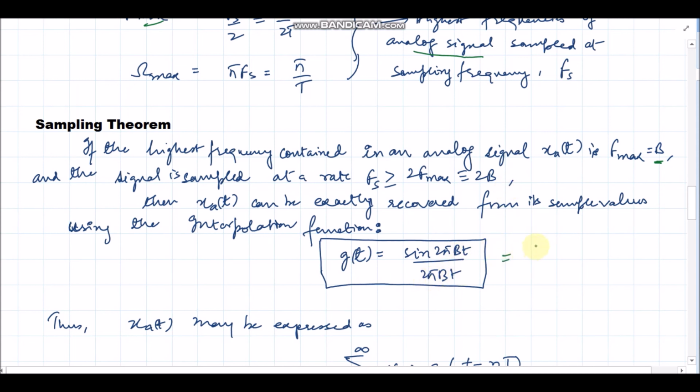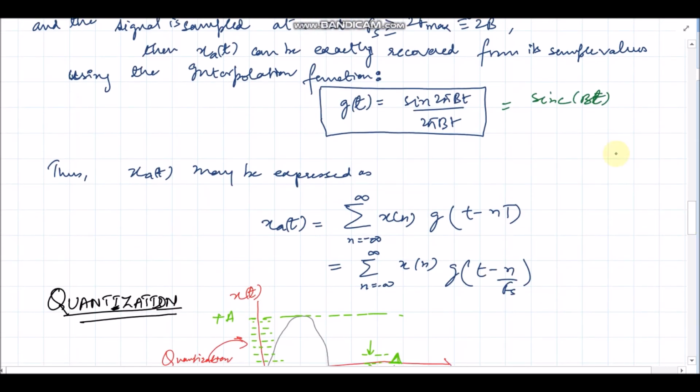This is the sinc function, sinc(2Bt), using the definition that sinc x is equal to sin(pi x) upon pi x.